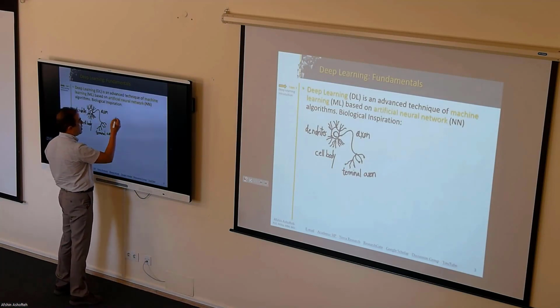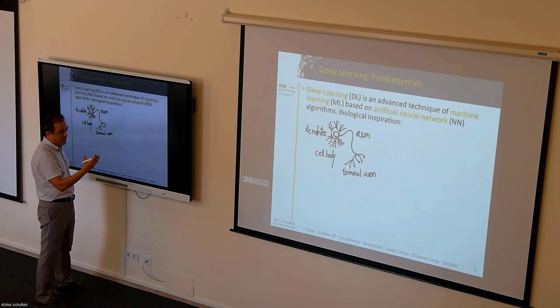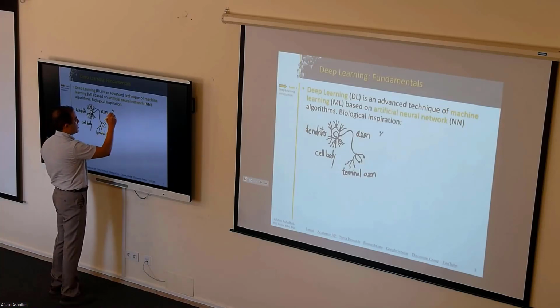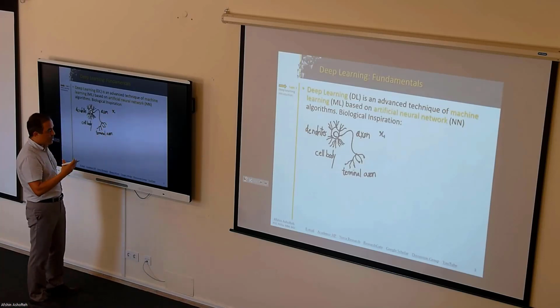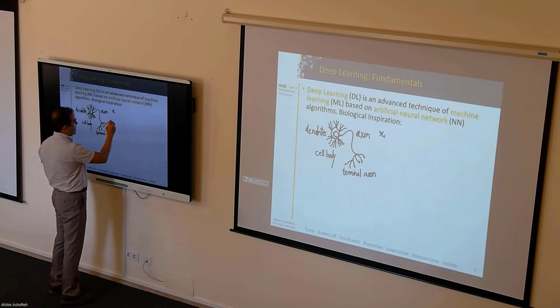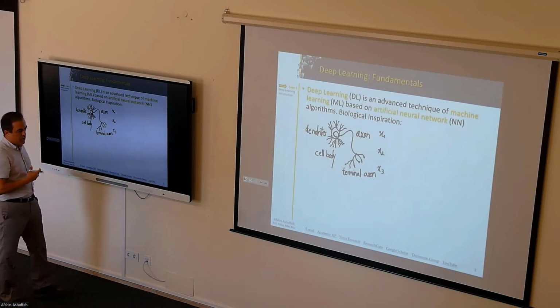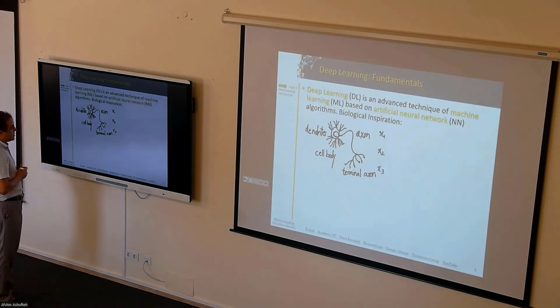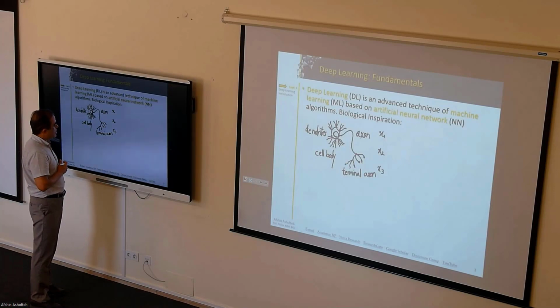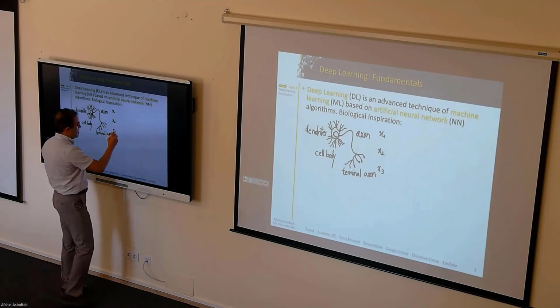So let us have it on board, similar to what we had here. We have some variables or some data that we can gather from the real world. So let's say x1, x2, and x3. They represent three variables or three attributes that we can get data for. They can be stock prices, for example, or some variation that we can see in the market, or a kind of index.